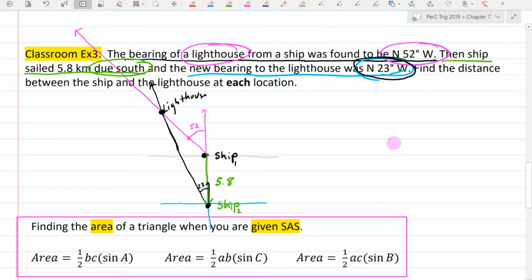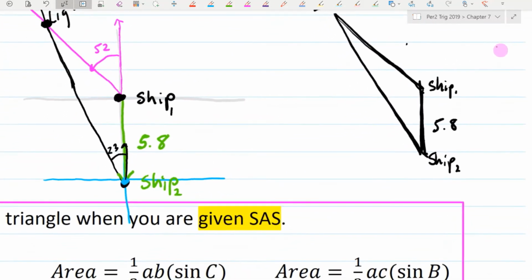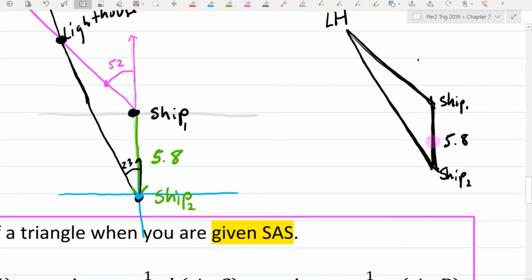Okay, so here's what I have. I'm going to draw the picture to the side just because it'll be easier. So I have 5.8, which is straight up and down. I have this line and this line. So this is the triangle I'm using. This is where the ship was first, this is where the ship was second, and this is where the lighthouse is. I know that this angle right here is 23 degrees.